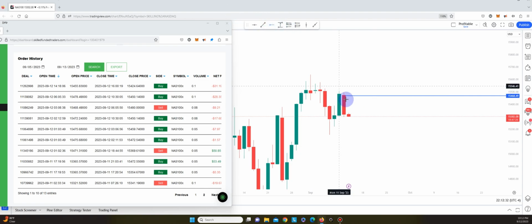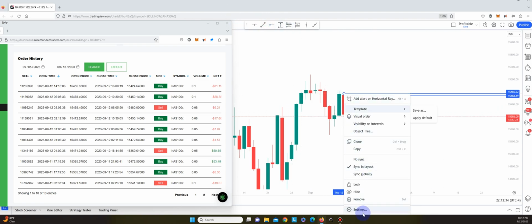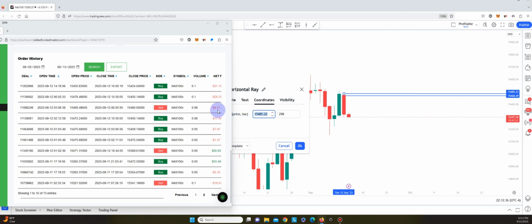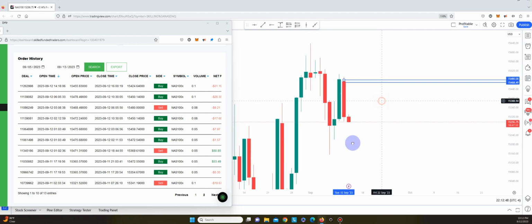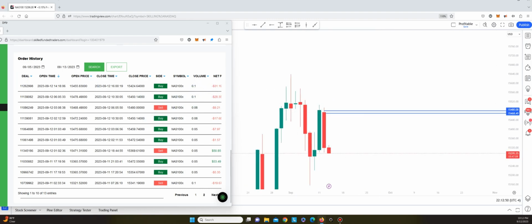So I think where I went wrong here, I just set my risk too small, so I got hit out at 9.21. That was my max risk on this trade, and I got hit out there at 15480. So closer to the top of this candle, I got hit out, total loss of 9.21, right?